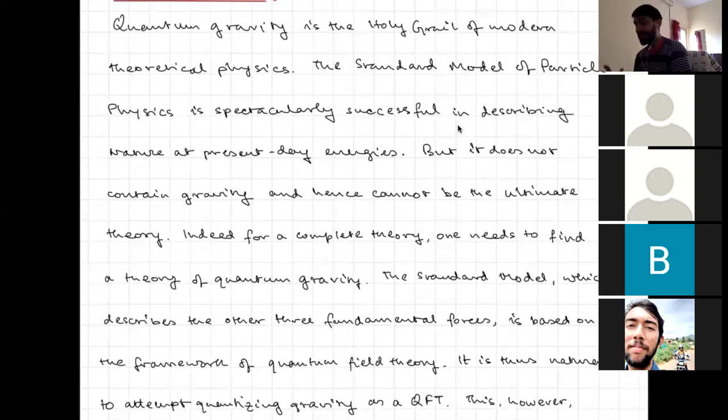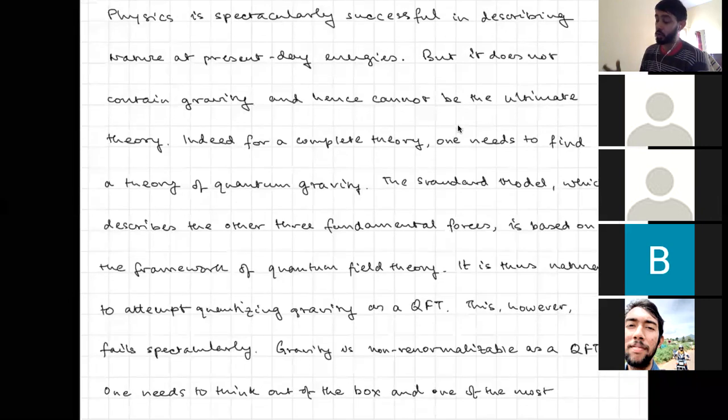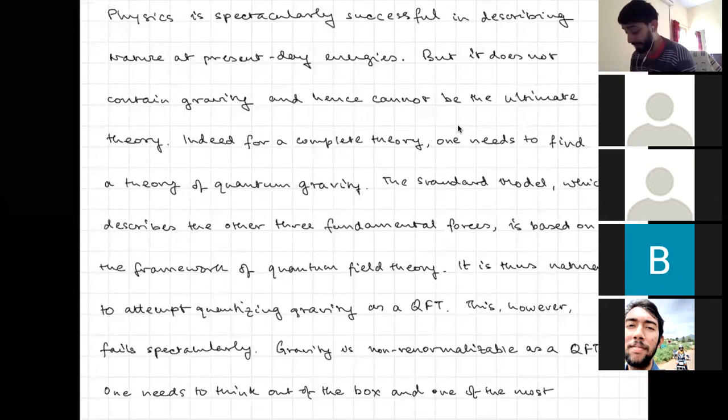As you again know, the standard model, which is based on these other three fundamental forces, is based on the framework of QFT. So it's natural to sort of try to quantize GR as a field theory. But as again I write here, this fails spectacularly. Gravity is non-renormalizable as a field theory.